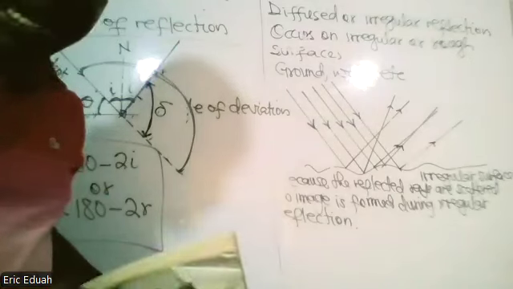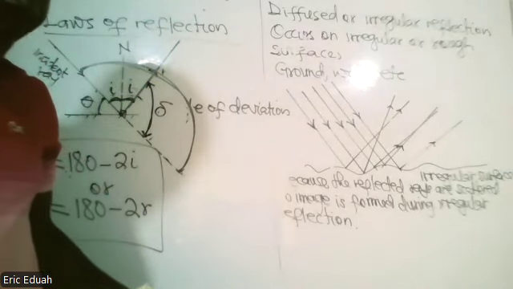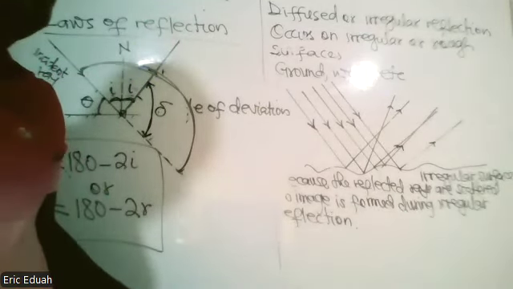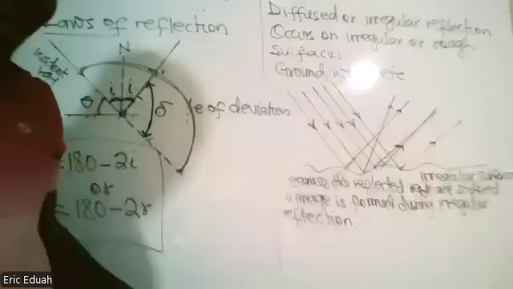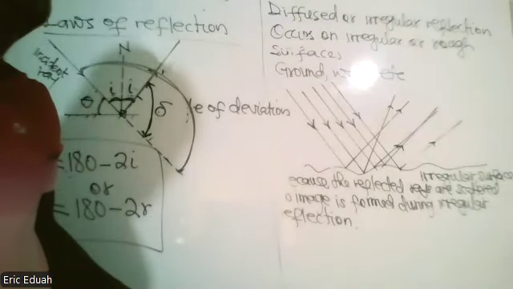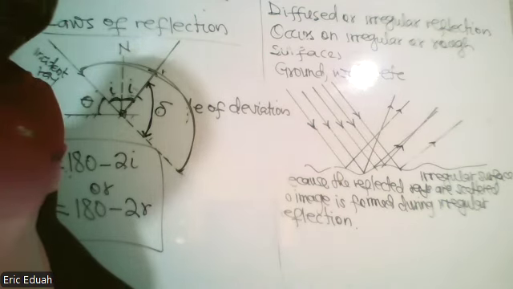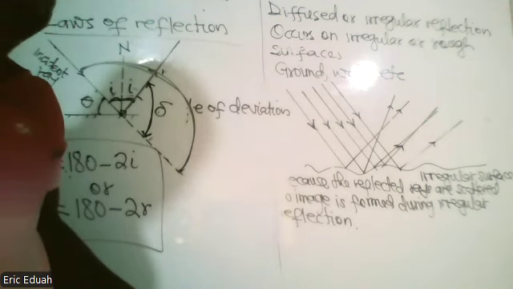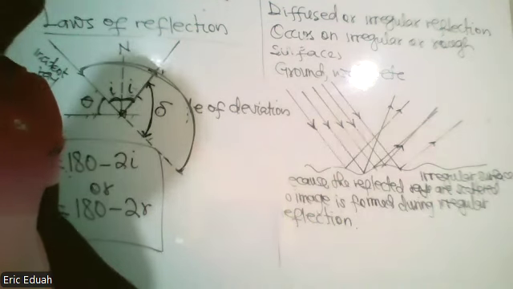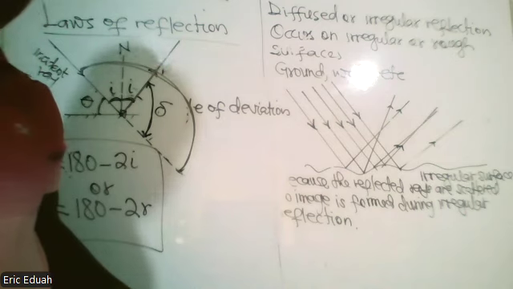A ray of light strikes a plane mirror at an angle of incidence equal to 35 degrees.